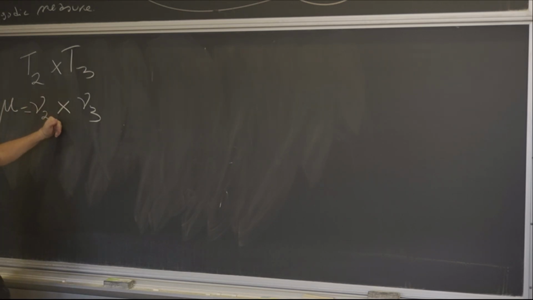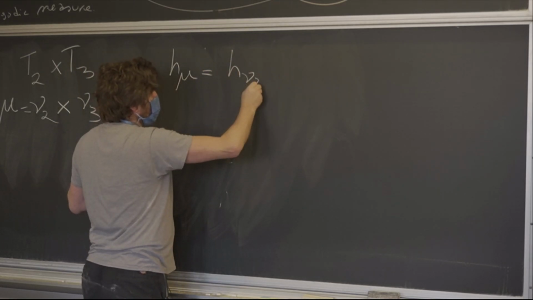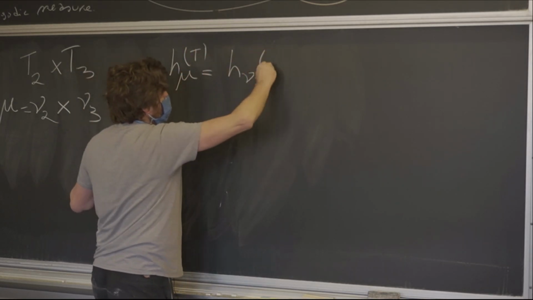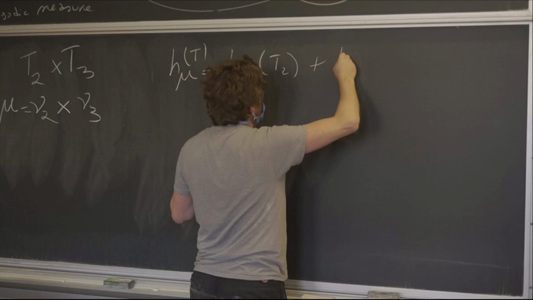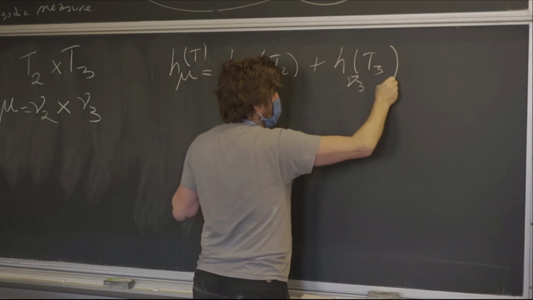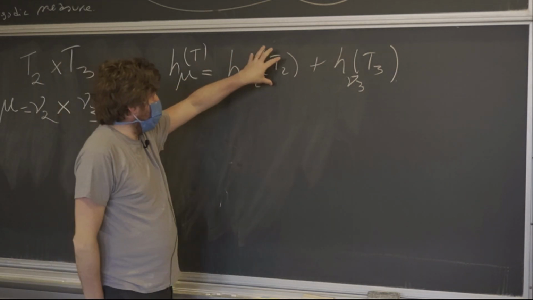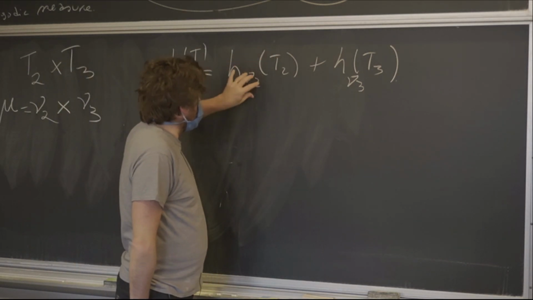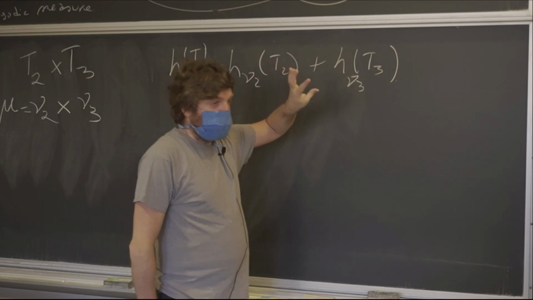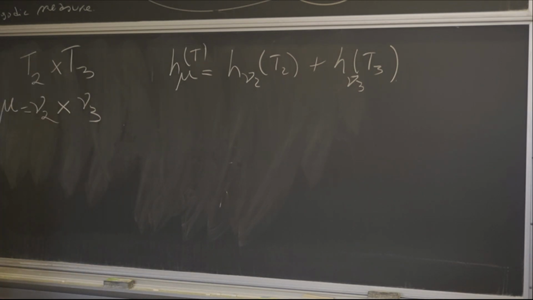And then here everything is nice, because the entropy of mu will be the entropy for T2 times 2 plus, and then for this measure, I know that is the dimension of nu2, which is the conditional measure, and here is dimension of nu3, which is the conditional measures, and life is nice.